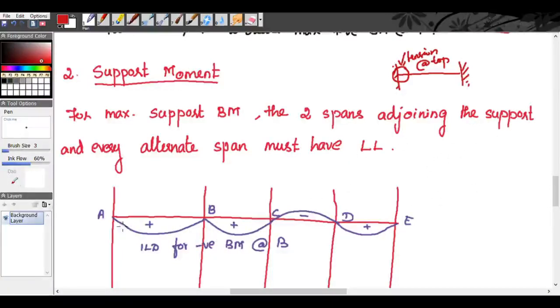Here you have A, B, C, D, E. If support B is our consideration, we should have live load in AB and BC, because these two are the adjoining spans of support B, and we should have live load in the alternate span, that is DE.